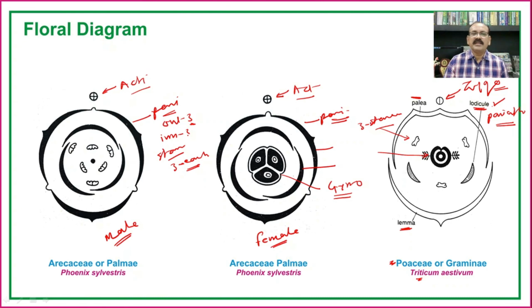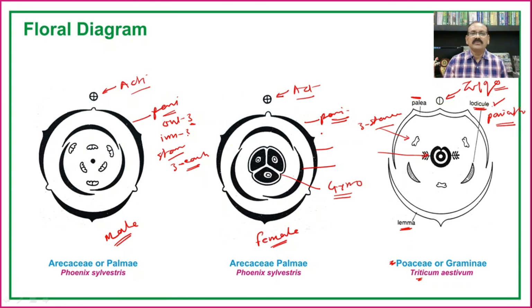And in examinations, there is always a question on the floral diagram for a particular family, in the UG also and in the PG also. So if we remember the arrangement of the sepal, petal, stamen and the gynoecium with other related characters which are useful to draw the floral diagram, then you can easily draw the floral diagram of any plant.